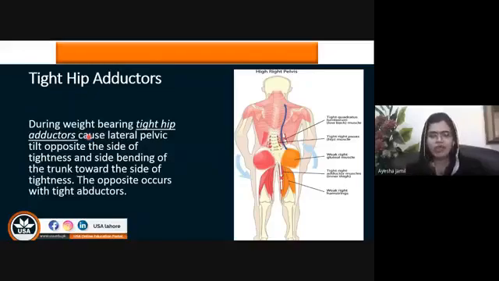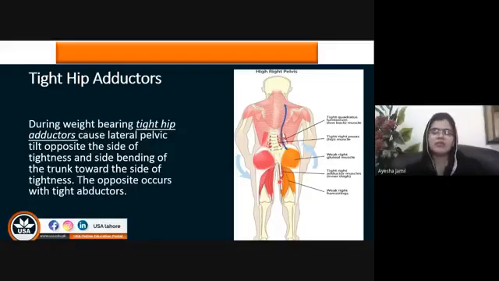So if in an individual the adductors are tight, there will be elevation seen in that area. You can see over here the hip adductors are tight. Adductors include the adductor brevis, magnus, and longus. Mainly the adductor magnus is a two joint crossing muscle.